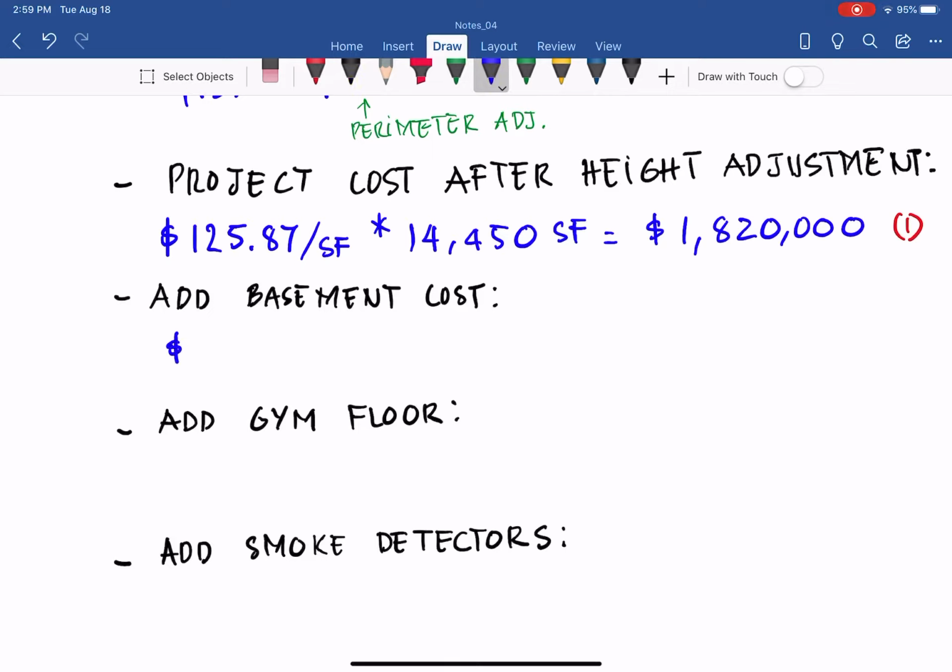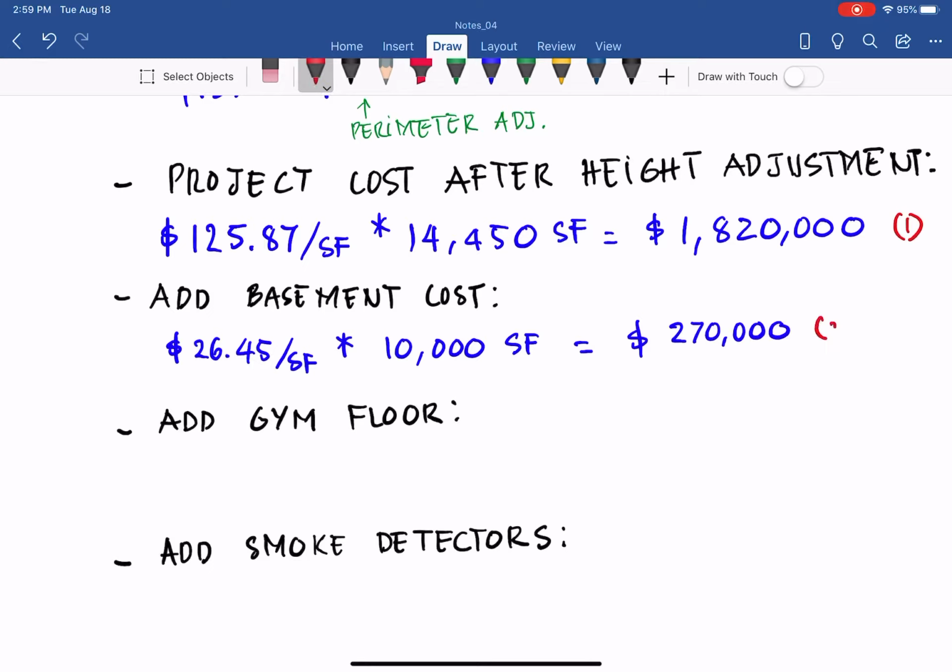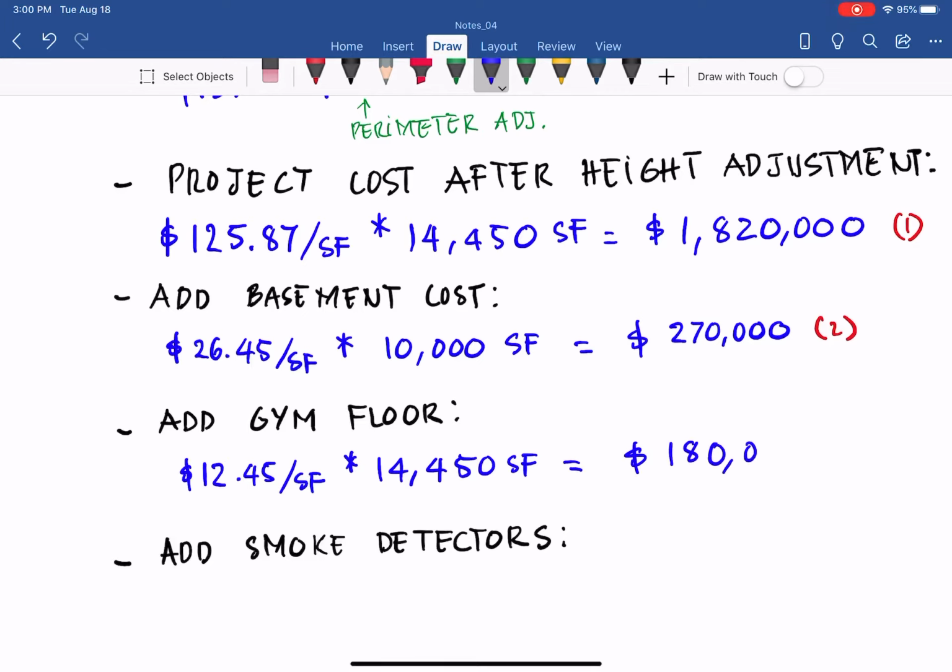So here we have the basement at 26.45 per square foot. We have a 10,000 square foot basement, and rounding up to 10,000, I have $270,000. And then the gym floor is 12.45 per square foot, times 14,450 square feet throughout the daycare, so that one is 180,000.